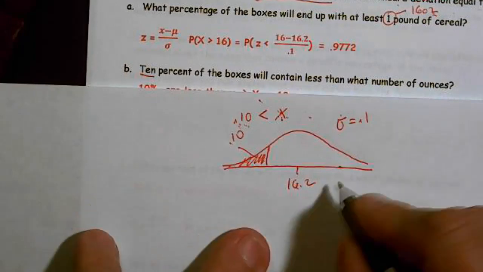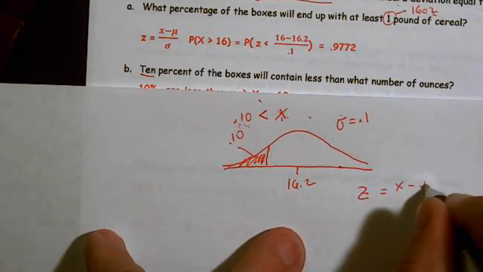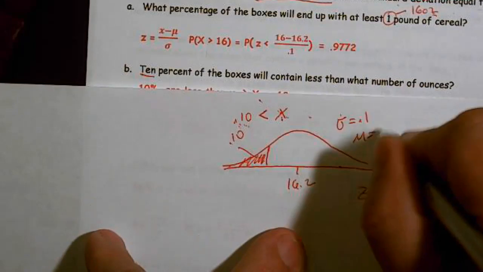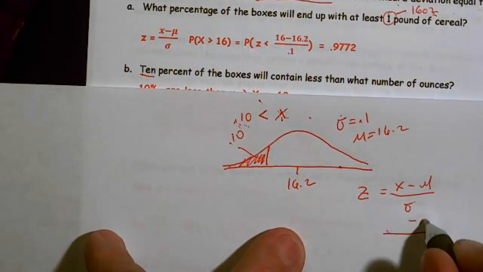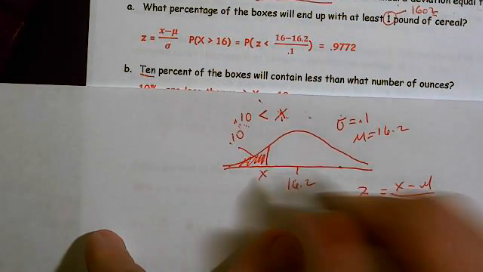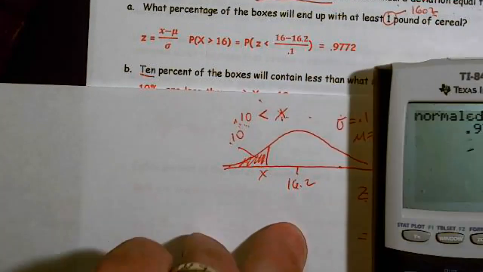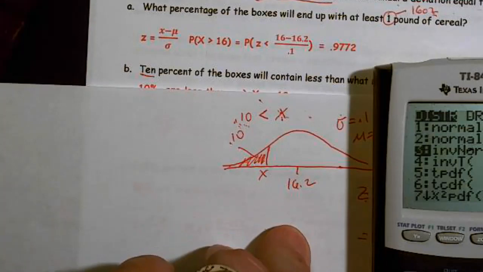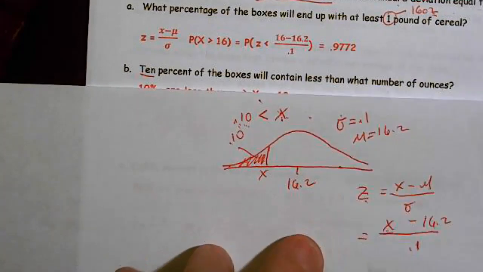Once again, Z equals X minus mu over sigma, and I start plugging in what I have: 16.2, and 0.1. We're looking for that X, so that goes there, and I need to calculate that Z. I'm going to calculate the Z because the College Board requires it. So this is an area of 0.1, with a mean of 0 and standard deviation of 1, and we get negative 1.28.